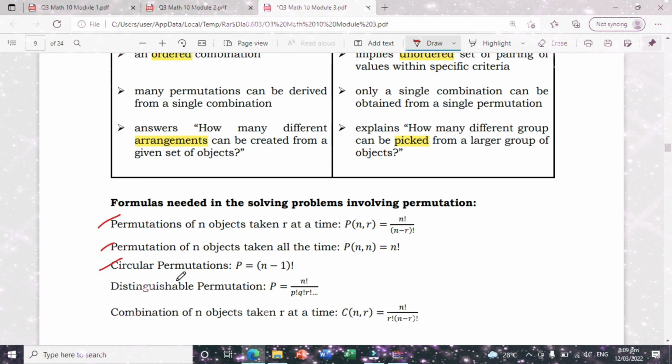Meron tayong circular permutations when arranged yung objects, people, in a circular manner, in a round table. Basta all about circles, naka-arrange sila. Distinguishable permutation kung may mga objects na i-arrange natin that are identical din. Okay? Then combination naman, isa lang yung formula ng combination. Taken r at a time, n factorial over r factorial times n minus r factorial.